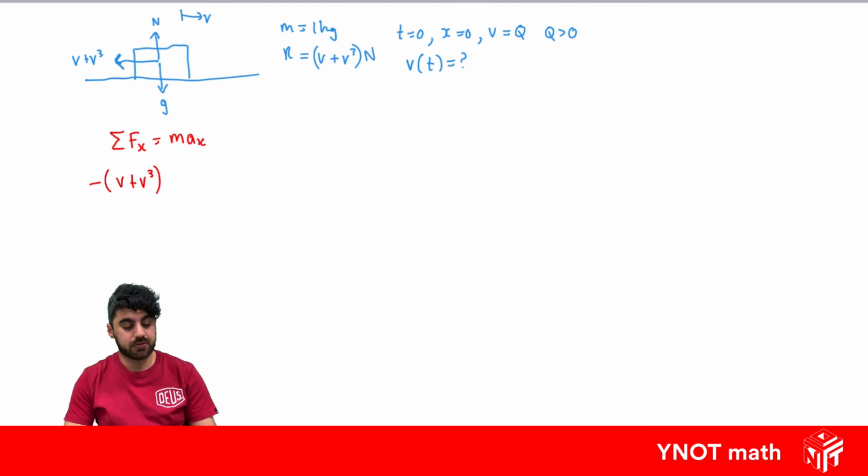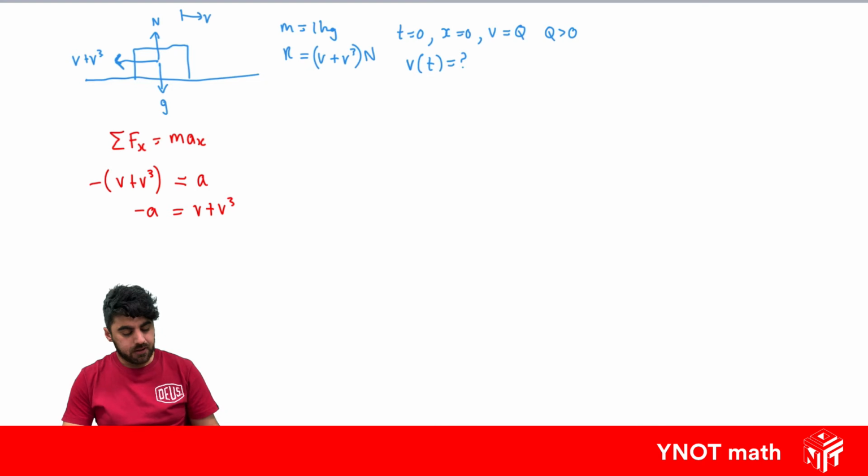So we get minus v plus v cubed. That's the only force to sum, and this equals its mass, which is just 1, times the acceleration in the x direction, which we'll just write as a. Now, let's move the negative to the other side. So we just get minus a equals v plus v cubed.